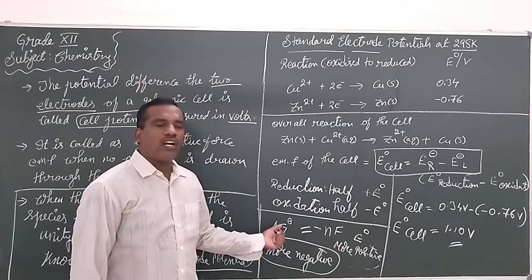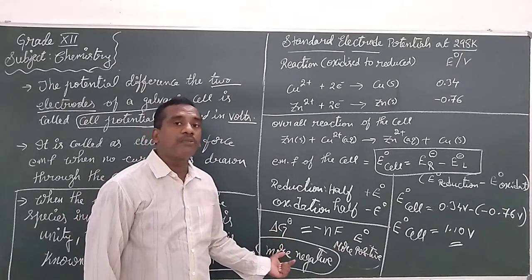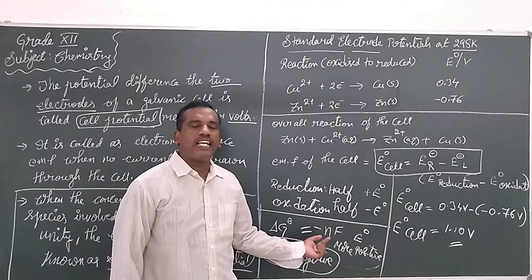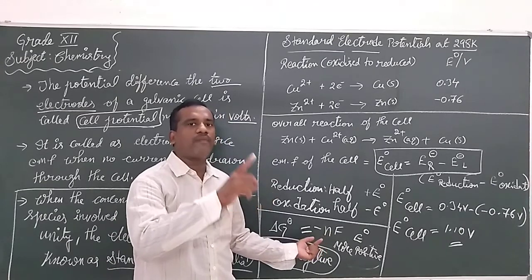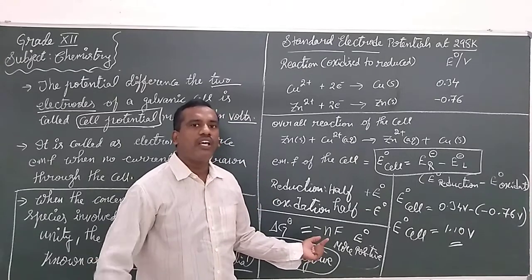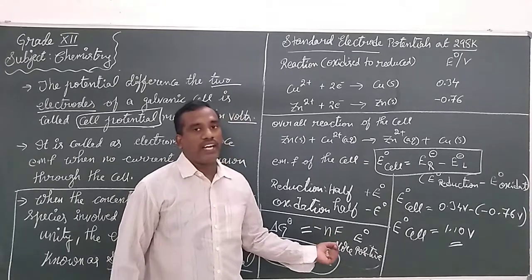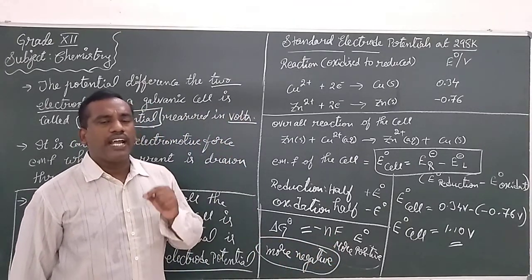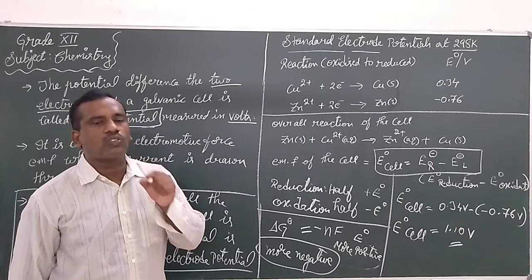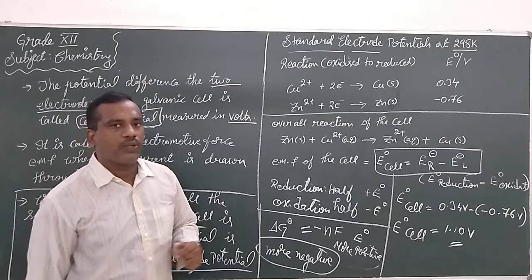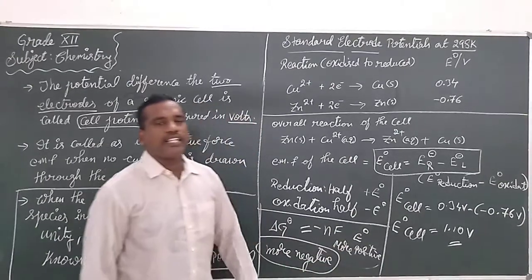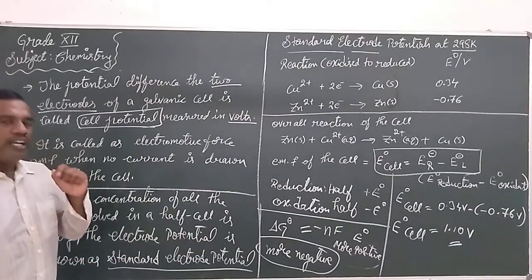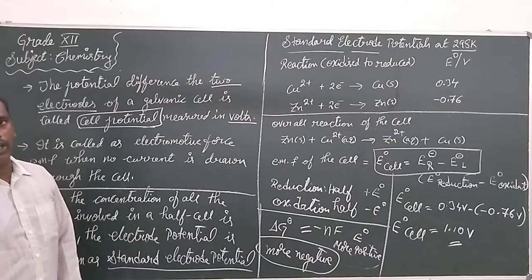Here delta G naught represents the Gibbs free energy. n represents the number of electrons flowing from the oxidation half cell to the reduction half cell. F is the Faraday. 1 Faraday is 96,500 coulombs in unit measure. E naught is the electrode potential. So let us apply this to our metallurgy.